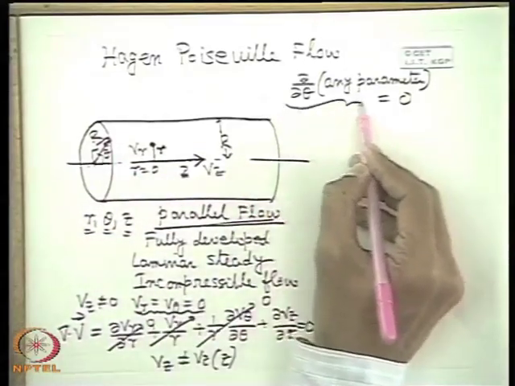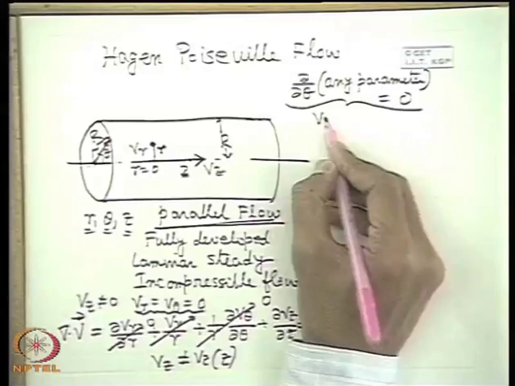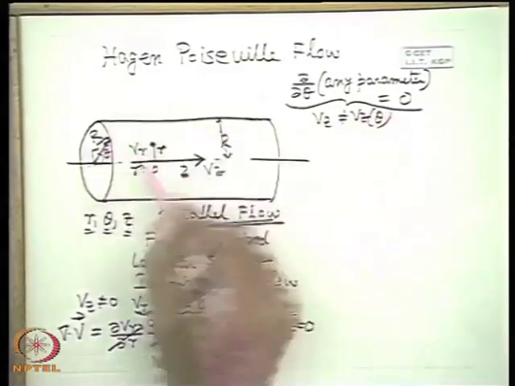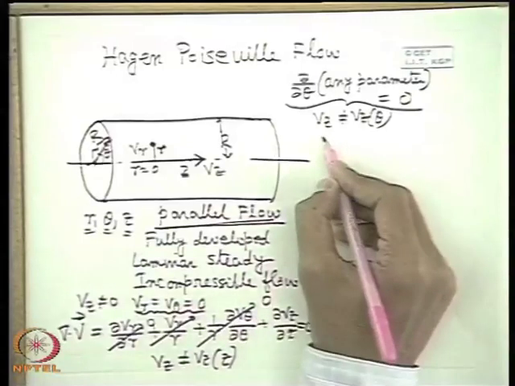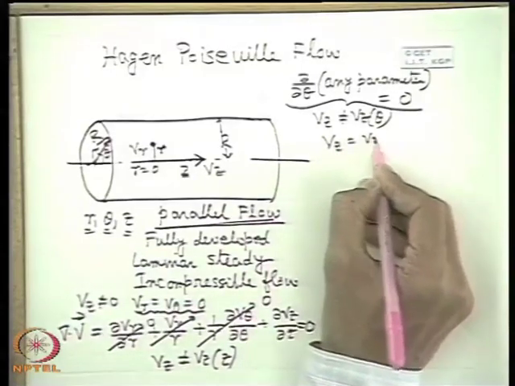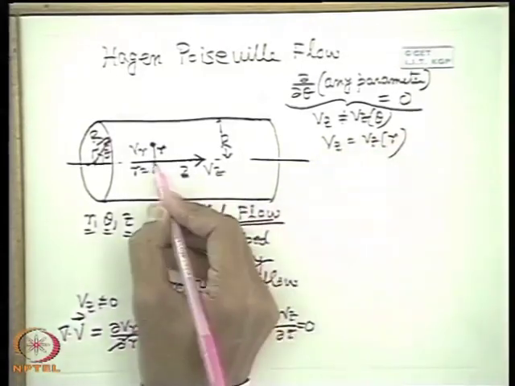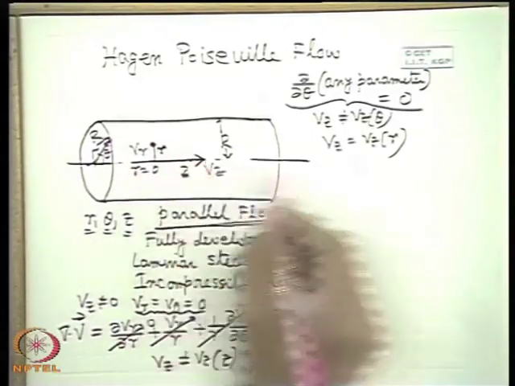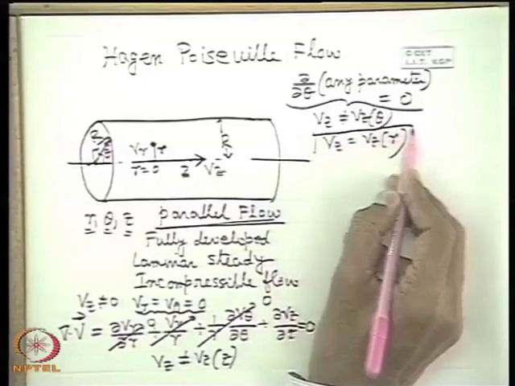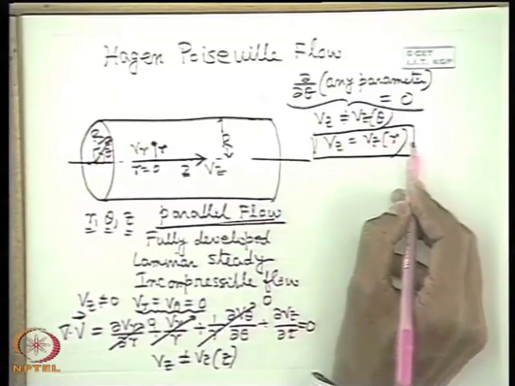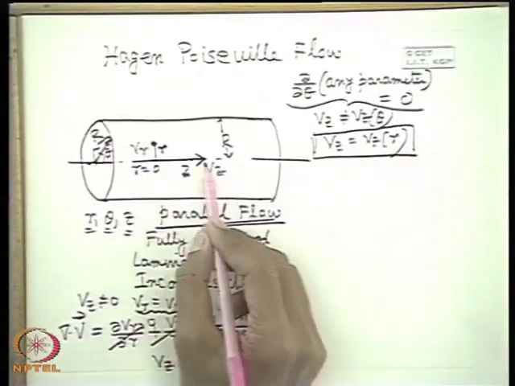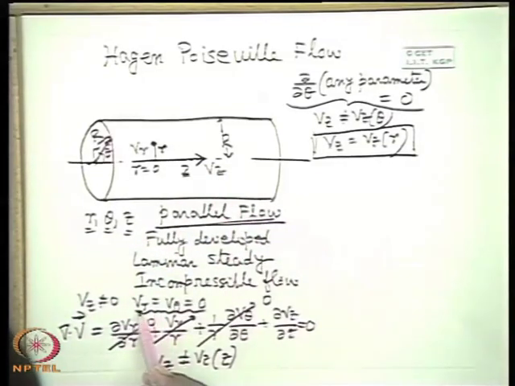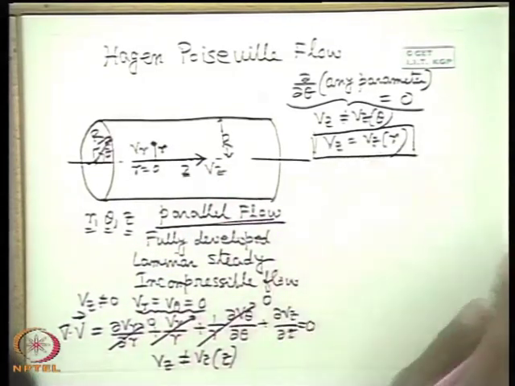Therefore, Vz cannot be a function of theta. So the only option is that Vz is a function of R, the coordinate perpendicular to the velocity. This is the usual consequence we found in the Cartesian system, where u is a function of y. Here also Vr and V theta are 0, and Vz is a function of R.